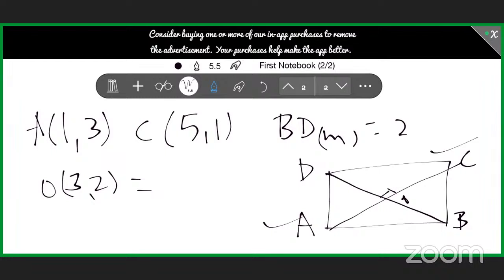Now the slope of BD is given: slope of BD is equal to 2.